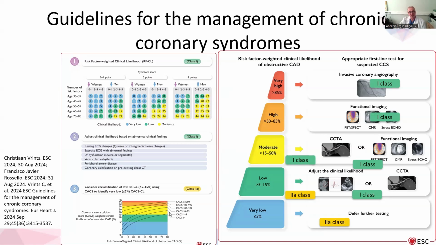That's why we look at the Agatston score, which shows us the coronary artery calcium score, or calcium score, as a shorter title.